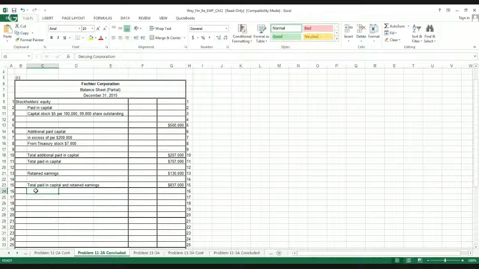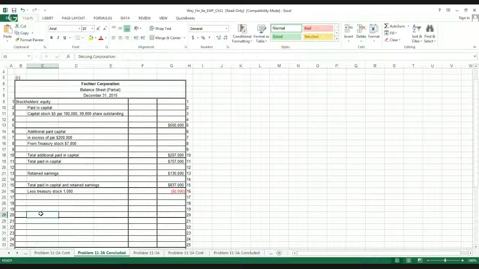Now we've got to account for that treasury stock. So I'm going to take less the treasury stock, and that was 1,000 shares, so that will be minus 8,000.